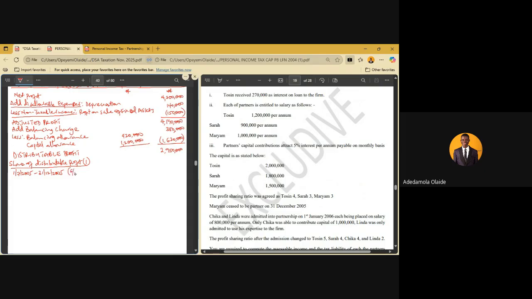So that will be 6/12 multiplied by 2,950,000, which will give us 1,475,000. So that is what the three of them will be making, because that was what they made before the change.